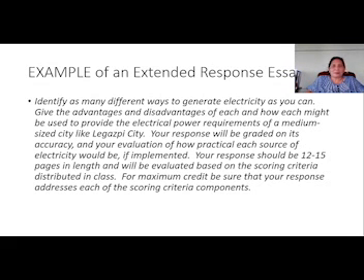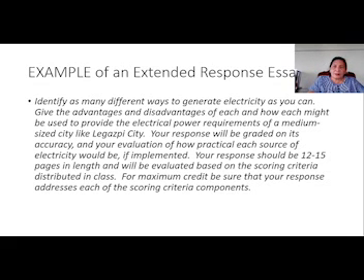Could sound funny. All right, but they will not be considered because you are talking about practicality. So your response will be graded on its accuracy and your evaluation of how practical each source of electricity would be if implemented.